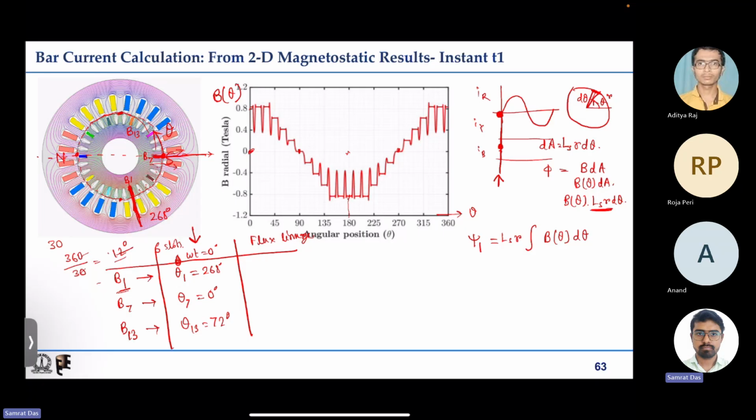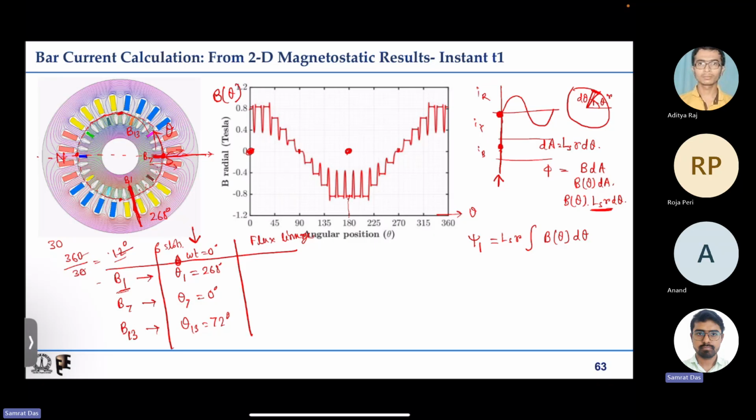In this case, we calculate the flux linking one conductor and the flux linking the other conductor, and we add them up, because that is a turn. Now for a single conductor we have to do half of that. So instead of the total 180 degree, we have to look around that conductor only.